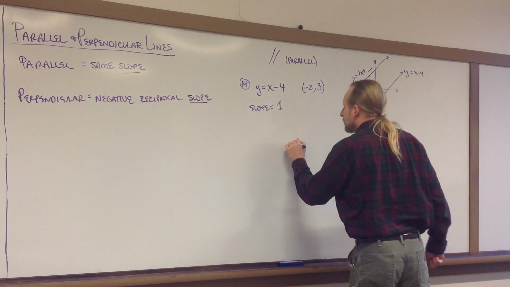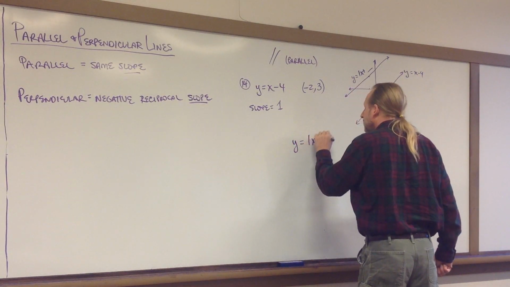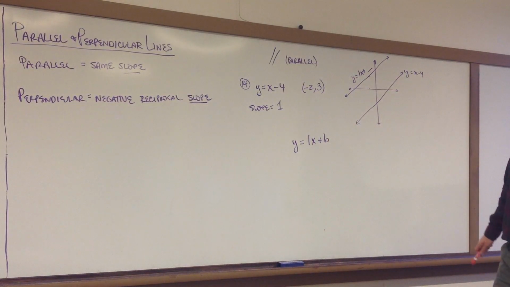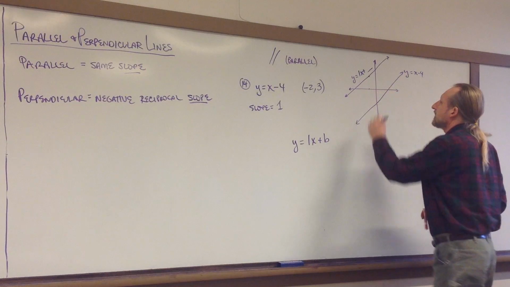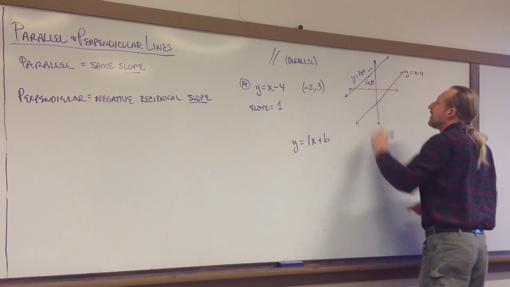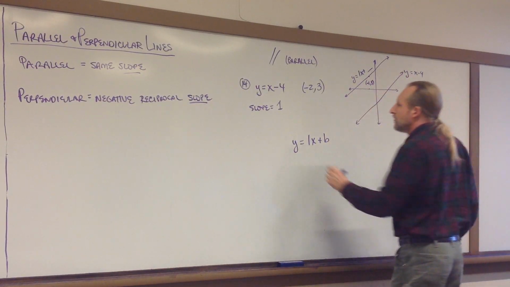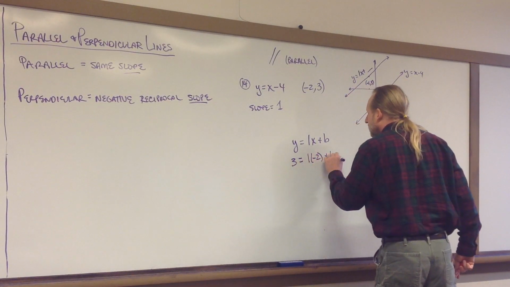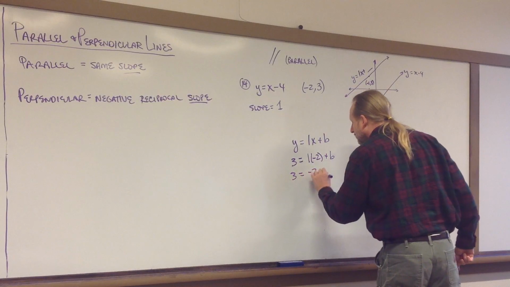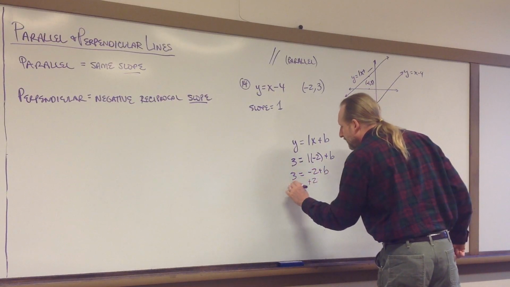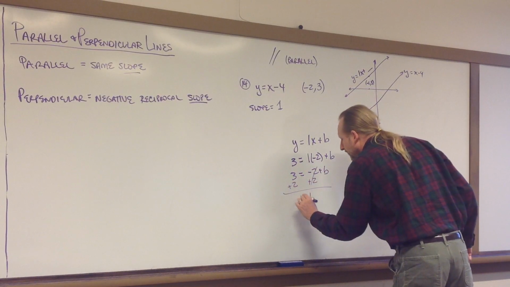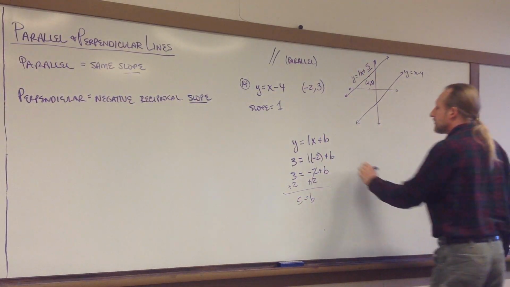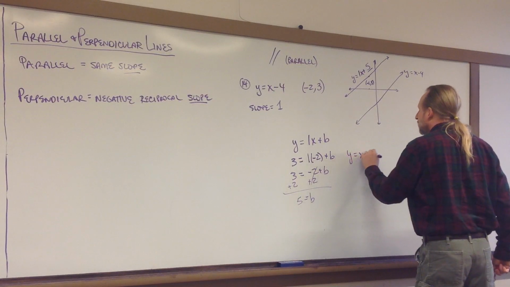So we write an equation, y equals 1x plus b, and then do the same thing we did in one of those previous assignments, plug in the x and y coordinates of this point that it's passing through, where y is 3, x is negative 2, and so that means b is going to be equal to 5. And there we go. That's our answer. Y equals x plus 5.